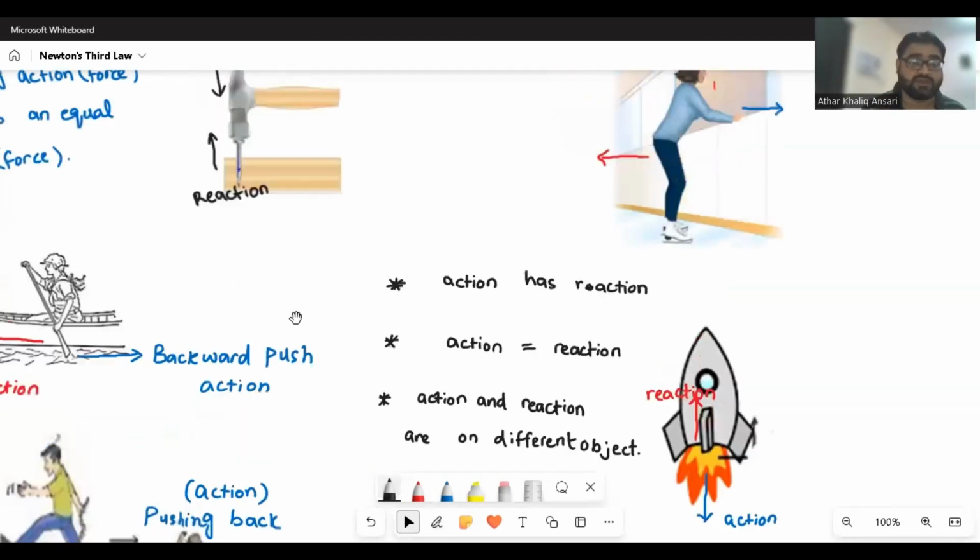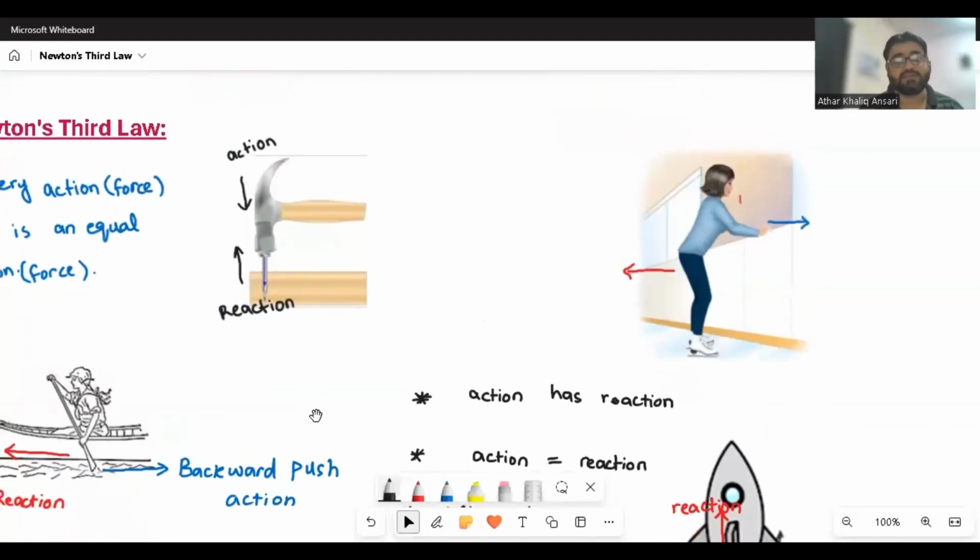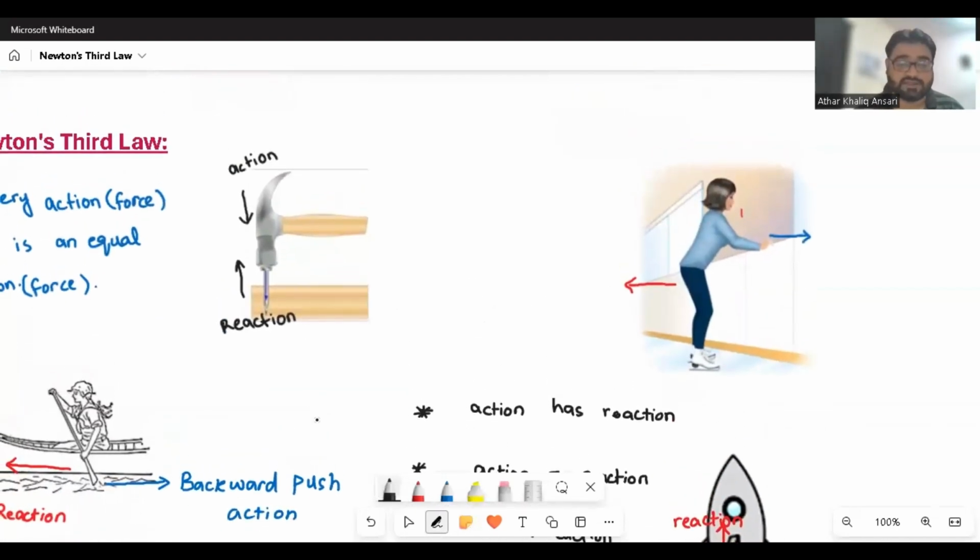For example, in the first one, the hammer is applying a force of action. So action is by the hammer on the nail.